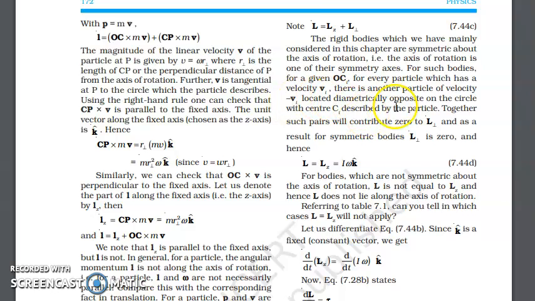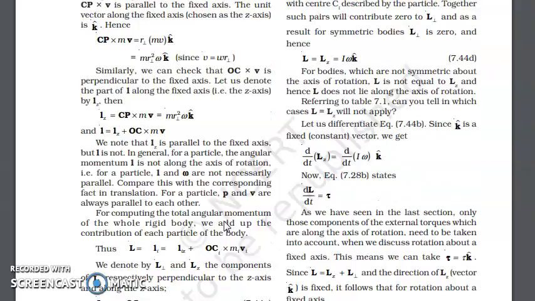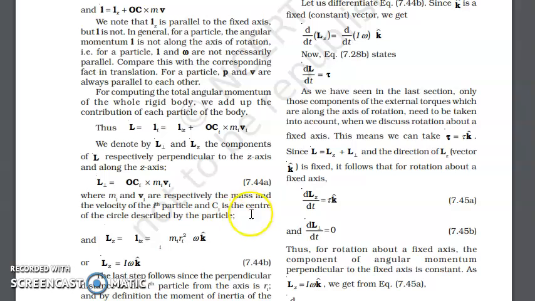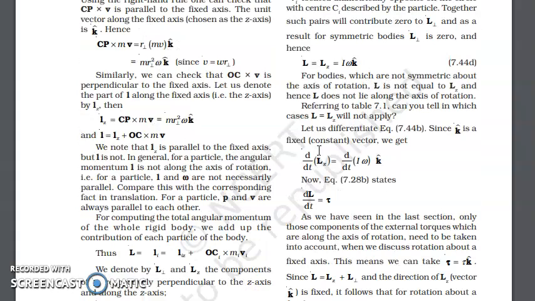So in that case the perpendicular component of L will be 0, because mi into vi there will become 0. One is positive, one is diametrically opposite so it will be negative. That will give you L perpendicular is 0. So the resultant L will be equal to only Lz, and Lz we have found is I into omega. So you can write it here Lz is equal to I omega k cap.